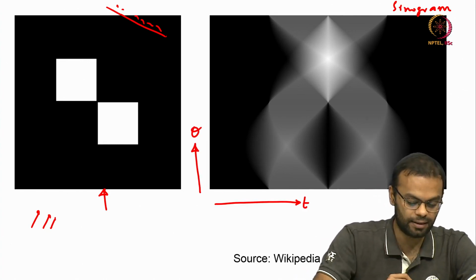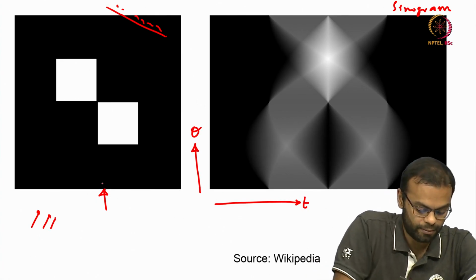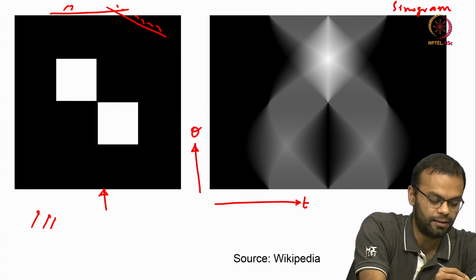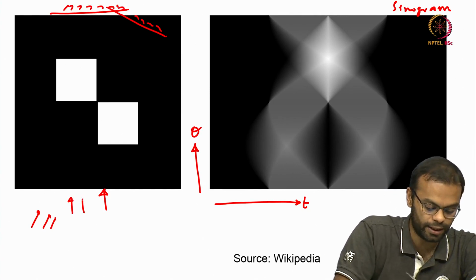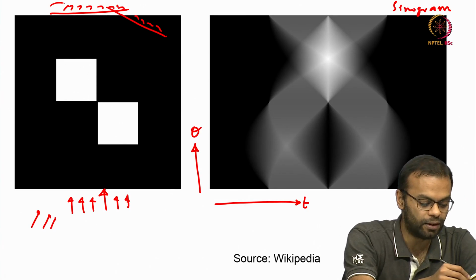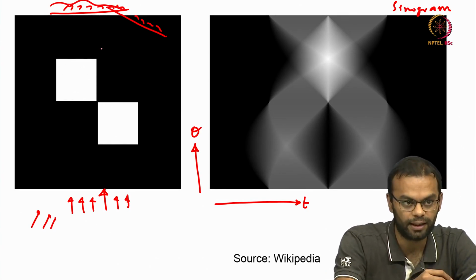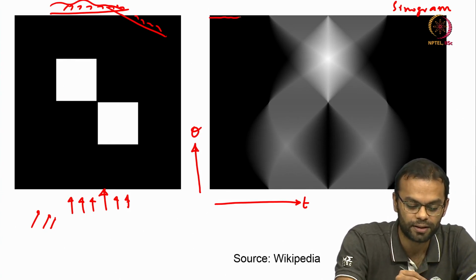If I start at theta equal to 0, that means I have my detector lined exactly parallel like this and my rays are going exactly like this. Then I will measure some p theta of t here depending on how much light is getting absorbed as the stuff goes through, and that will give me the first row of this image.